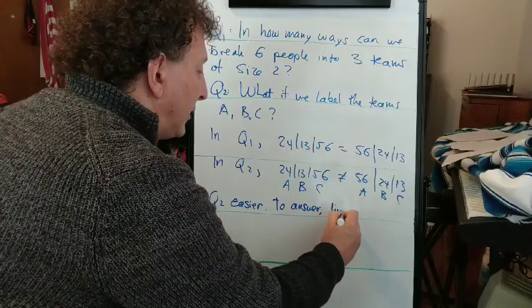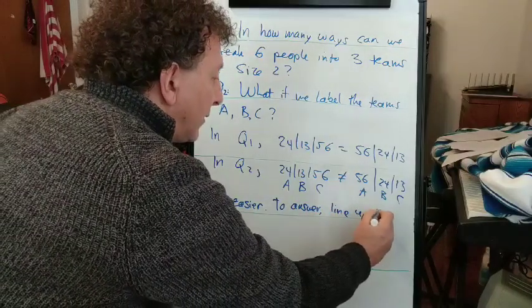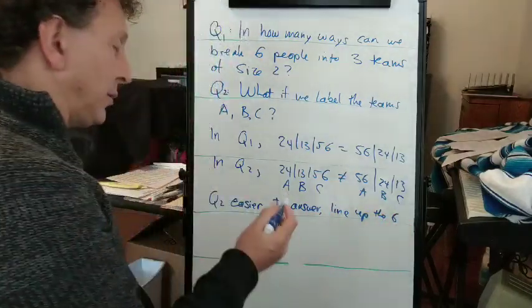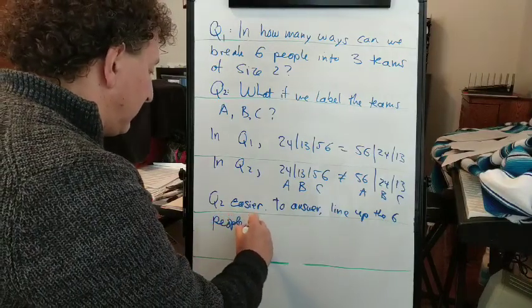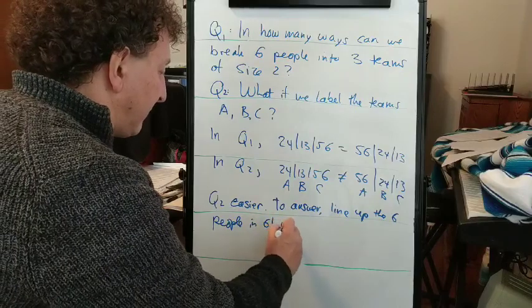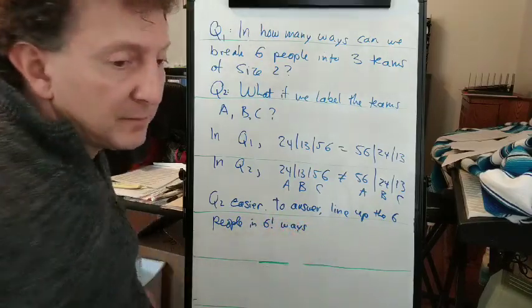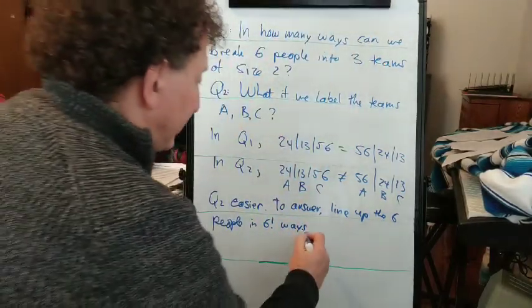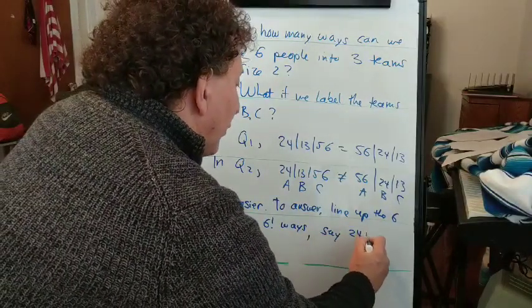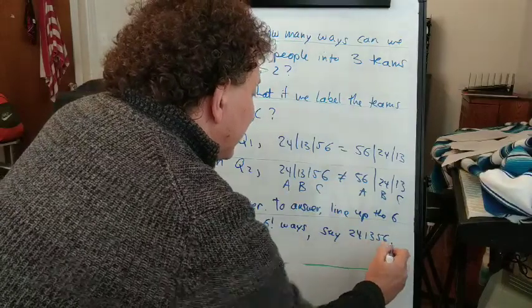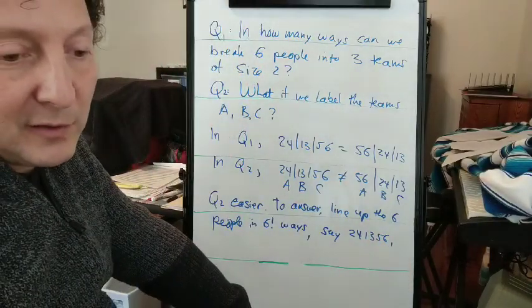So to answer it, we'll line up the 6 people in 6 factorial ways. For example, say 2, 4, 1, 3, 5, 6, and then we'll draw vertical lines to create the teams.